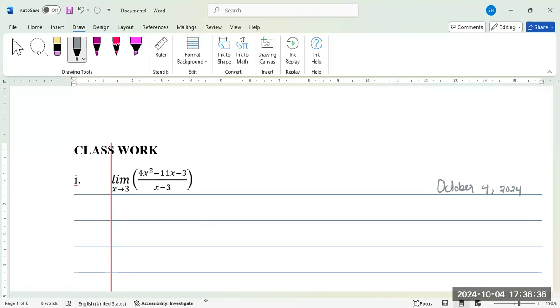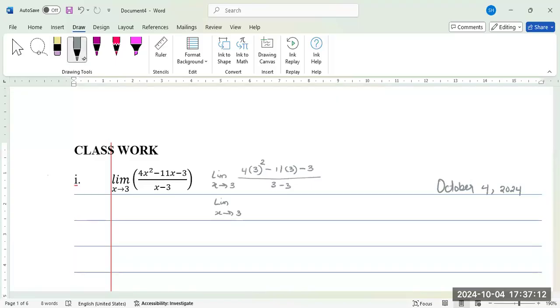So we're going to say 4 times 3 squared minus 11 times 3 minus 3, all over 3 minus 3. Three times 3 is? 9.